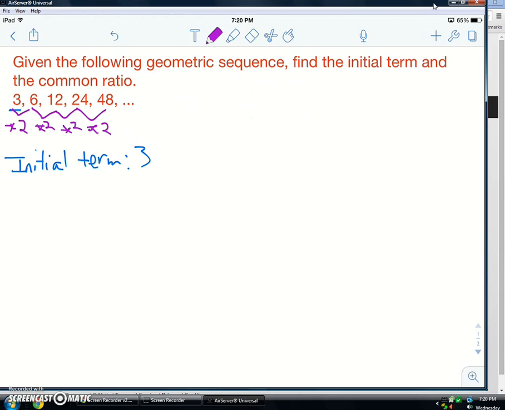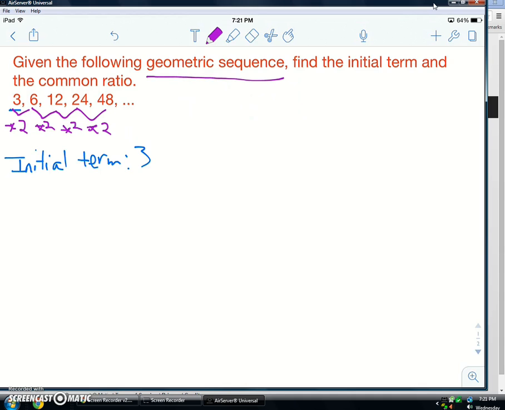So when we see that pattern, where to go from one term to the next we simply multiply by the same number every single time, it doesn't matter what our number is, but we multiply by the same number every time, that is what's called a geometric sequence, if it has that property.